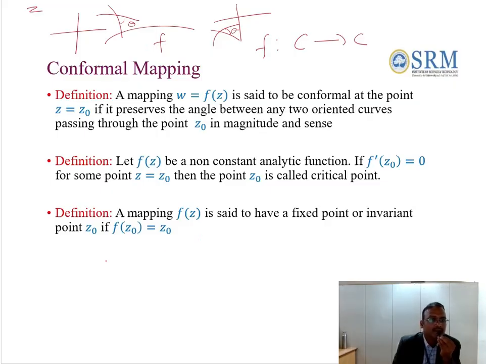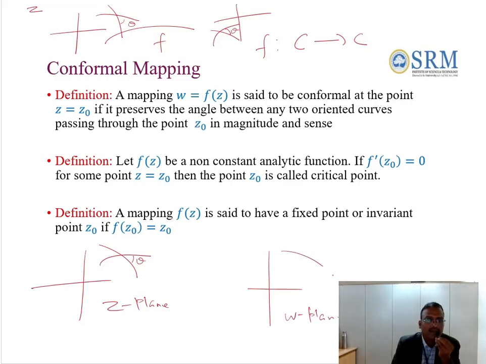What I'm saying, see, we have the complex plane, there are two curves like this, and then it makes angle theta. This is in z plane, and then in w plane we are having similar curves having the same theta. Okay, then if it happens, then we call this map a conformal map.